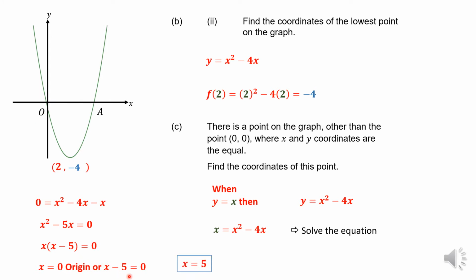So the other point has to be x equals 5. The question wants us to find the coordinates of that point, and when x equals 5, then y equals 5, because at that particular point they have to be equal. Whatever x is, my y will be the same. It's the same as when x is 0, y is 0.